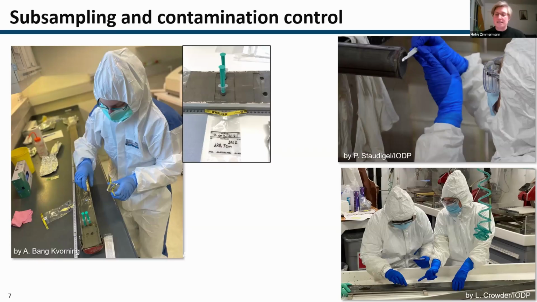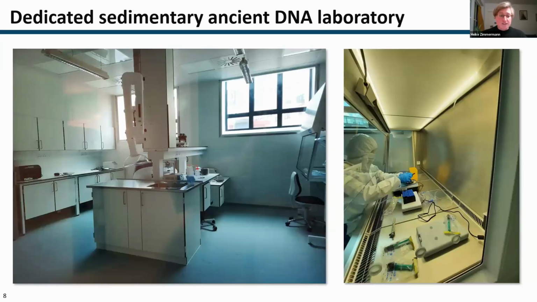So next to a DNA sample, we also took a sample to look for this tracer via gas chromatography. Once we have all these samples collected, we bring them into a dedicated sedimentary ancient DNA laboratory. And here I just wanted to highlight that we just got a brand new ancient DNA lab at GEOS, and we're now starting to process all these samples there.